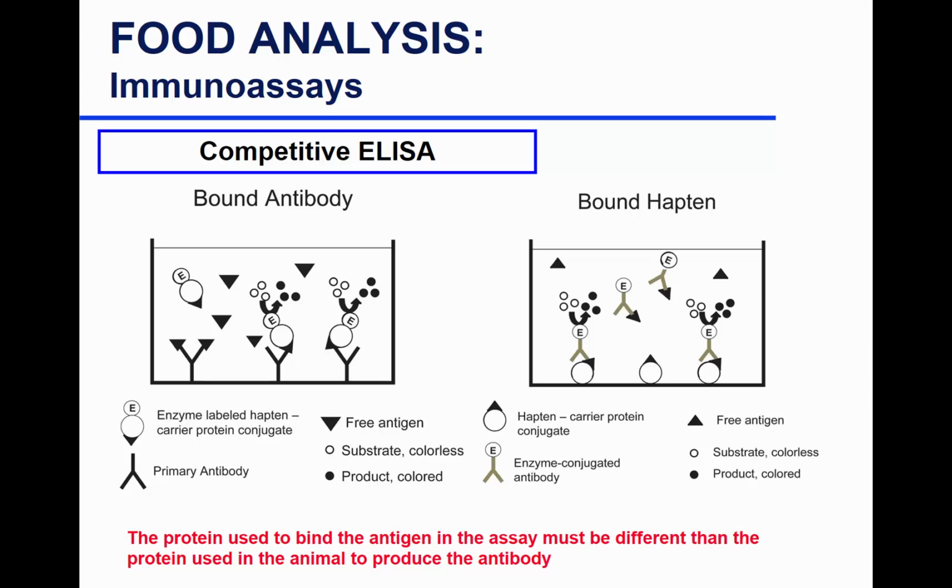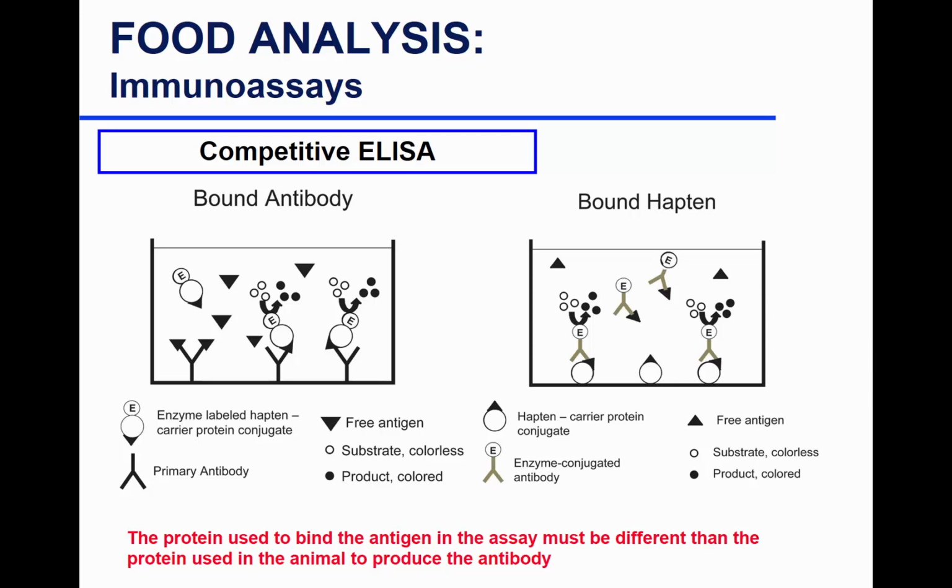And then you introduce your sample and the hapten that is labeled, after you bind the antibodies and block, you introduce these together. This is your antigen from your sample, and this is the antigen that was bound to a hapten that is labeled. So bound to a carrier, meaning this is the enzyme labeled hapten carrier protein conjugate.